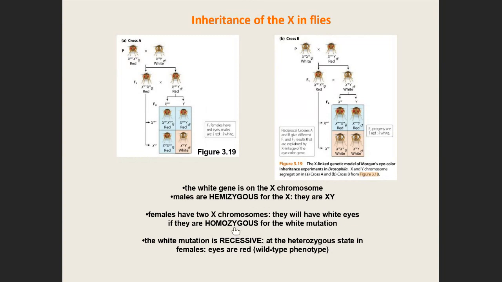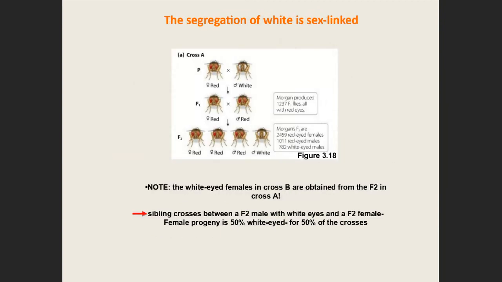The females have two X chromosomes and they will have white eyes only if they are homozygous for the white mutation, as occurs 50% of the time in cross B in the F2. The white mutation is recessive. In the heterozygous state in females, the eyes are red, and so they have the wild type phenotype.